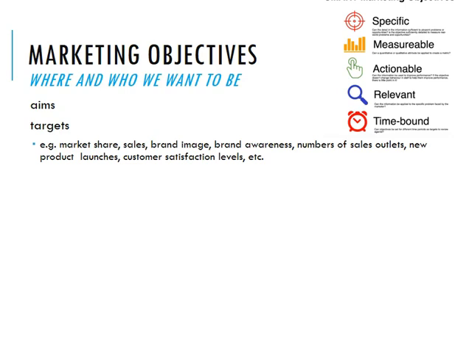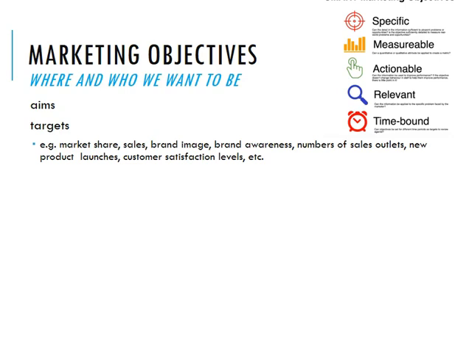So when we talk about targets that are measurable, that could be anything from increasing market share by 10% by the end of Q3, or improving sales in our domestic market by 3% in the next fiscal year.